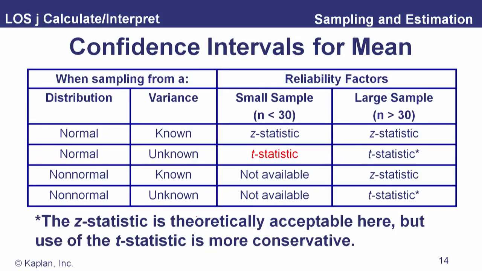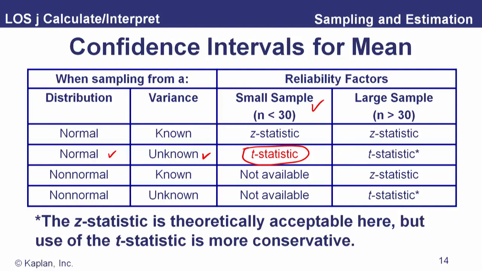Now if you look at this table here, this refers to when we need to use the t-distribution. It looks a little complicated, but it's not too bad because we've got a t statistic here. That says if the variance is unknown and our sample is small, but we're sampling from a normal distribution, we need to use the t-statistic rather than the z-statistic.